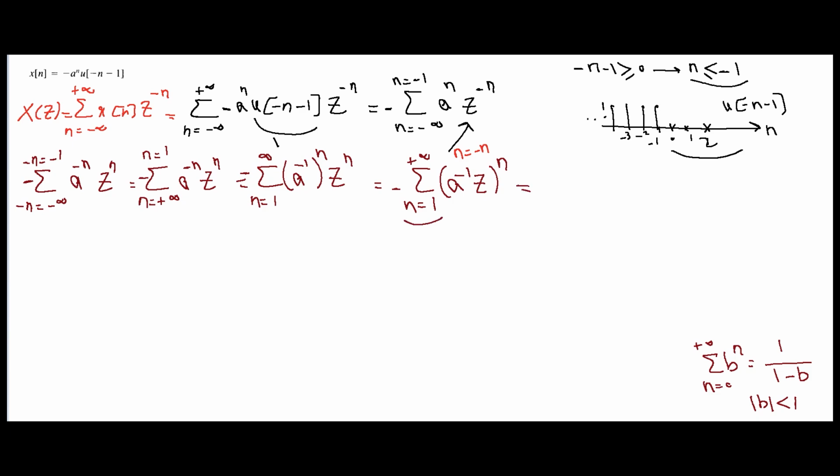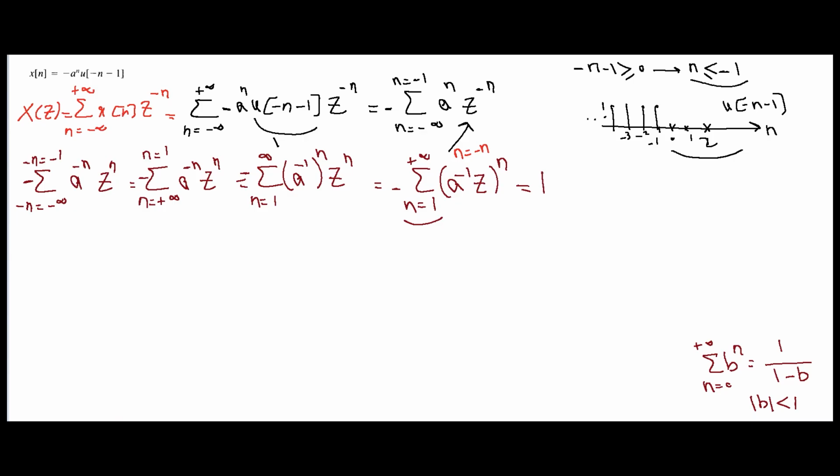Our summation starts from 1 instead of 0. To use the geometric series formula, we first add the term corresponding to n equals 0, and then subtract the same term so that the expression remains unchanged.